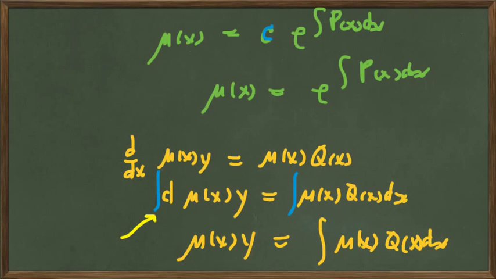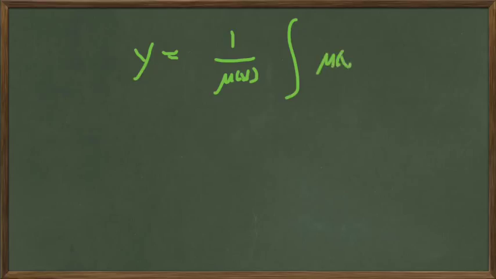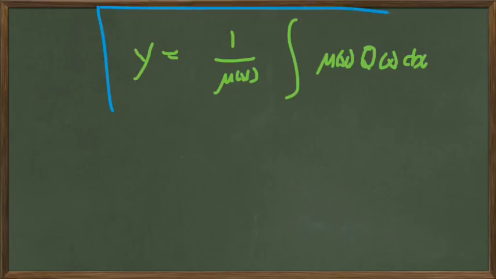So we've solved it for y when we divide through by mu of x. So we get now y equals 1 over mu of x integral of mu of x q of x dx, and that is the solution of a linear differential equation.